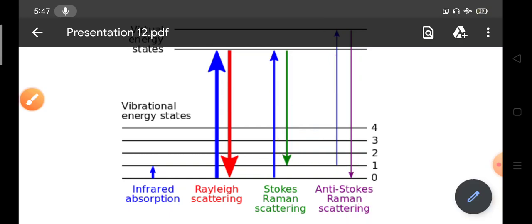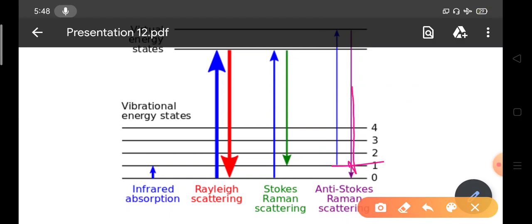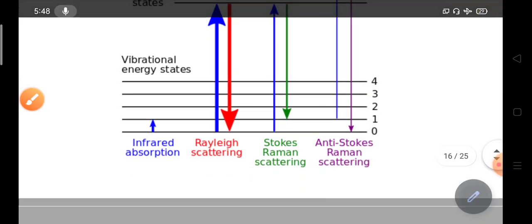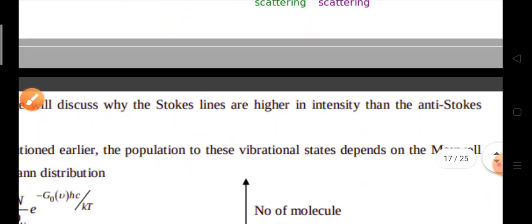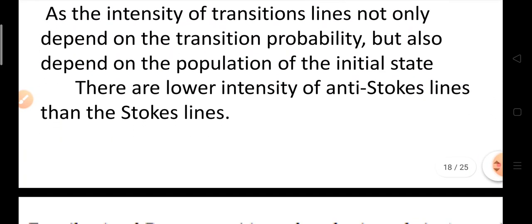But if you increase the temperature of the substance, then the higher vibrational levels will also be more populated and we can also get anti-Stokes lines, and the anti-Stokes lines will be prominent at higher temperature.